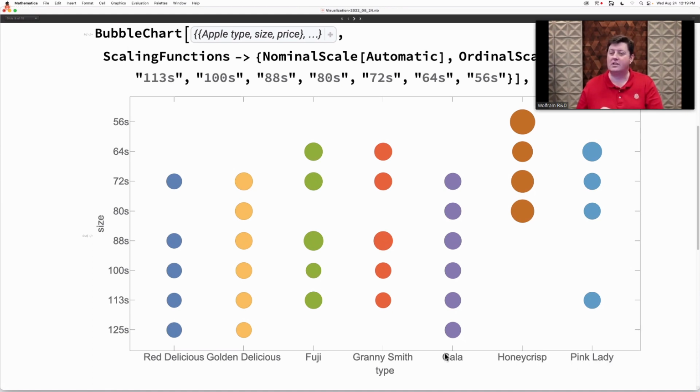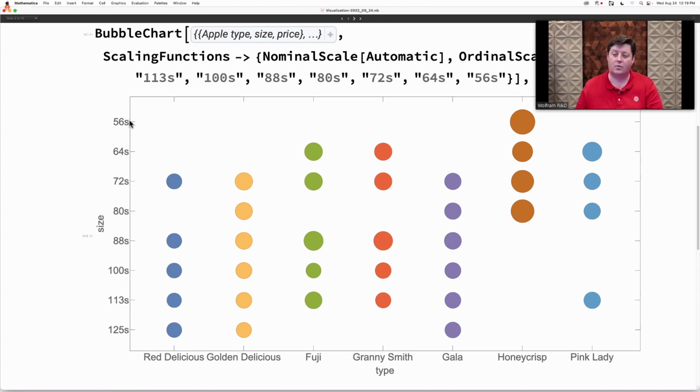And this is just a nominal scale. There's no order to it. They're not being displayed alphabetically. They're not being displayed by average price or anything. It's just, here are 7 different types of apples that you might see at a grocery store. The vertical axis is an ordinal scale.